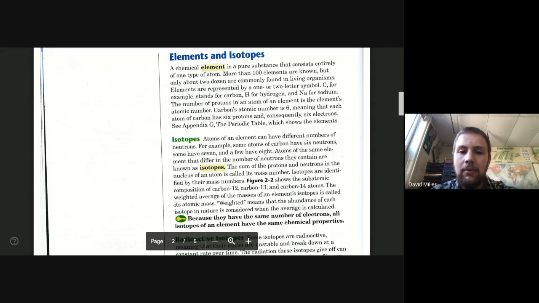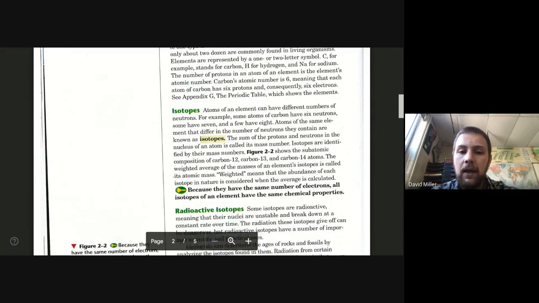C, for example, stands for carbon, H for hydrogen, and Na for sodium. The number of protons in an atom of an element is the element's atomic number. Carbon's atomic number is 6, meaning that each atom of carbon has 6 protons and consequently 6 electrons. See Appendix G, the periodic table, which shows the elements.